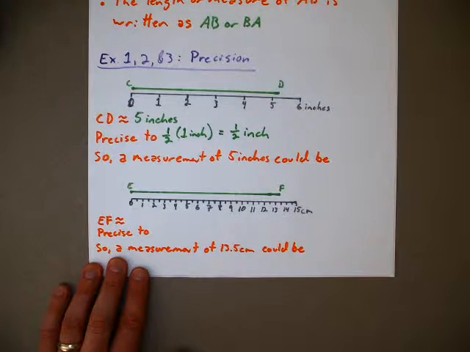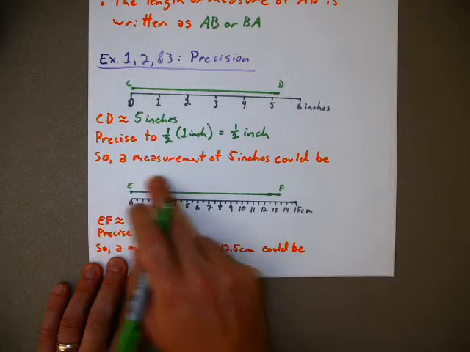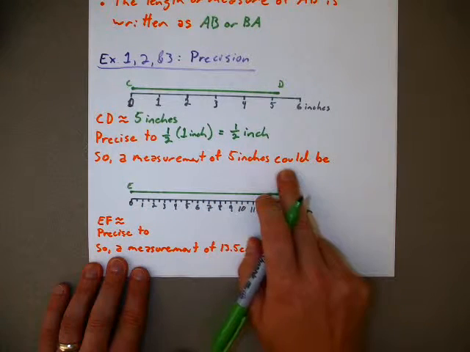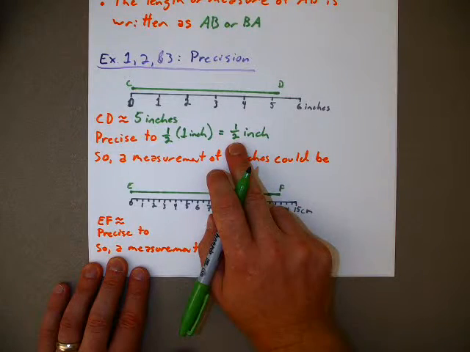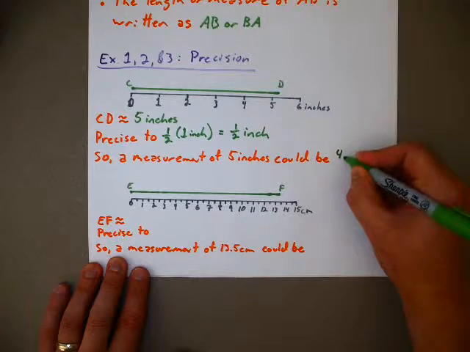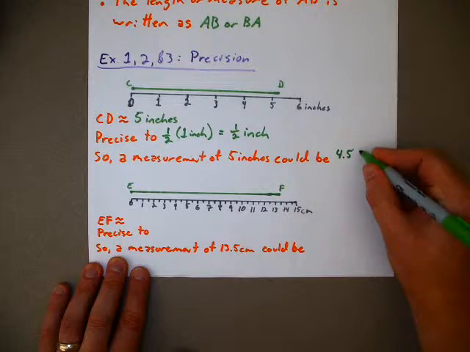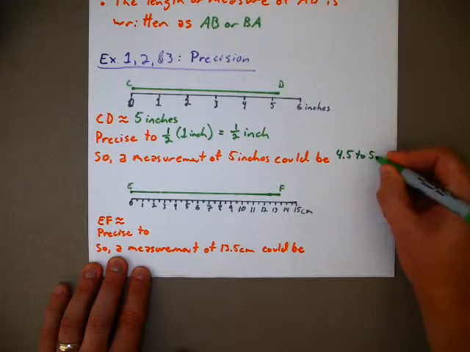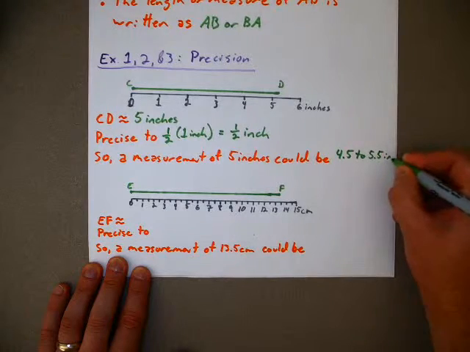So that means that a measure of 5 inches could be anywhere from plus or minus 1/2 an inch. So we could go from 4.5 inches to 5.5 inches.